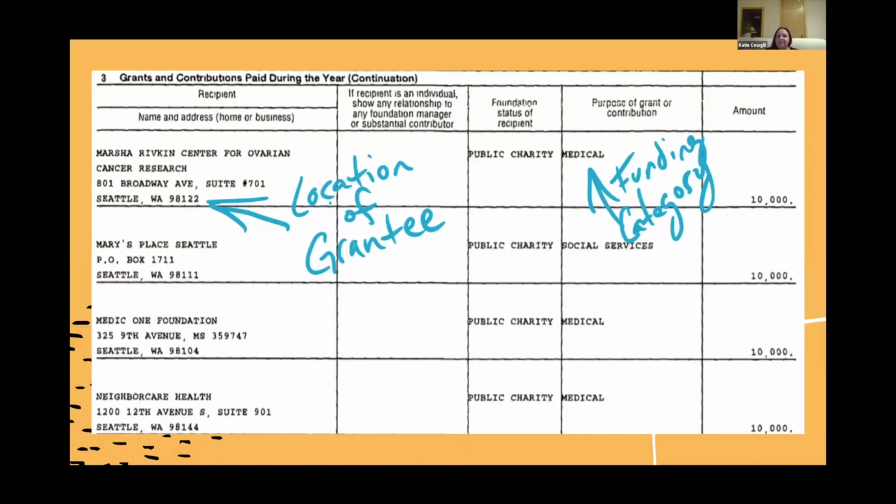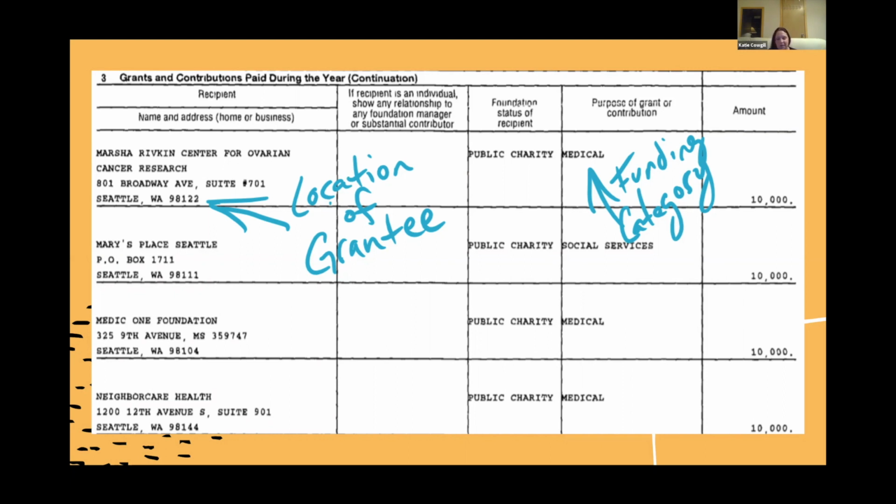And finally, this is just another close-up that you can see of the organizations, the addresses, their public charity status, and the purpose of the contribution. And in this one, I really liked it because almost every grant amount was $10,000.